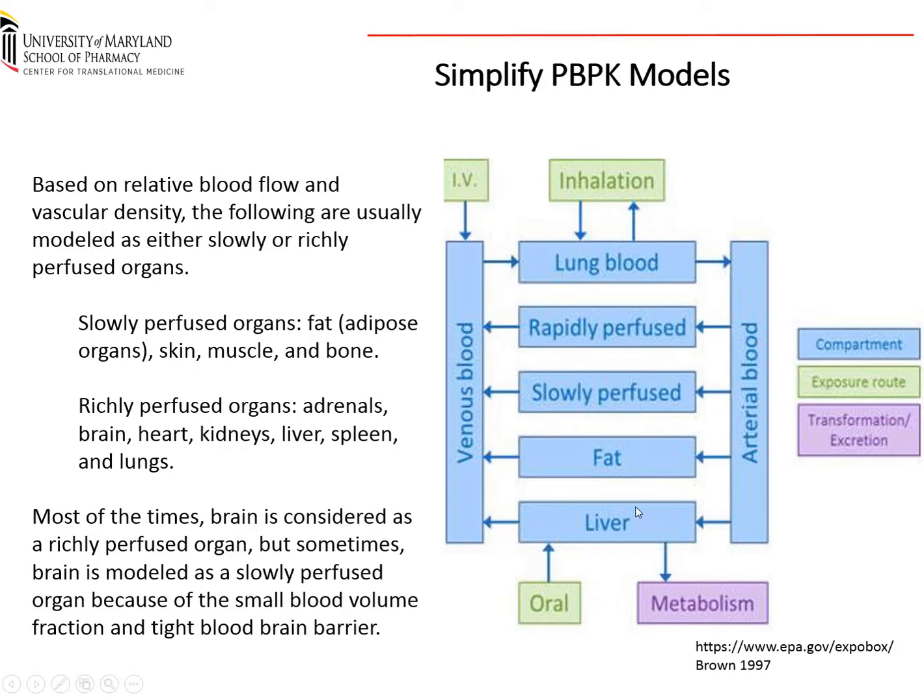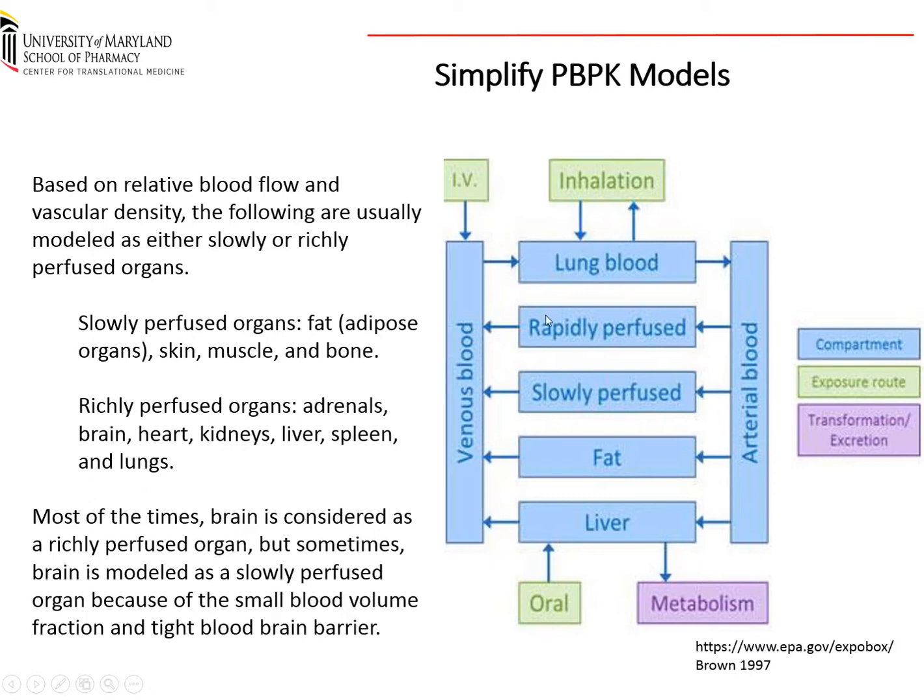Here, this is an example where you have mainly three organs: fat, liver, and lung. And then the slowly perfused organs are the fat, skin, muscles, and bones. And the richly perfused tissues are the rest of the organs.